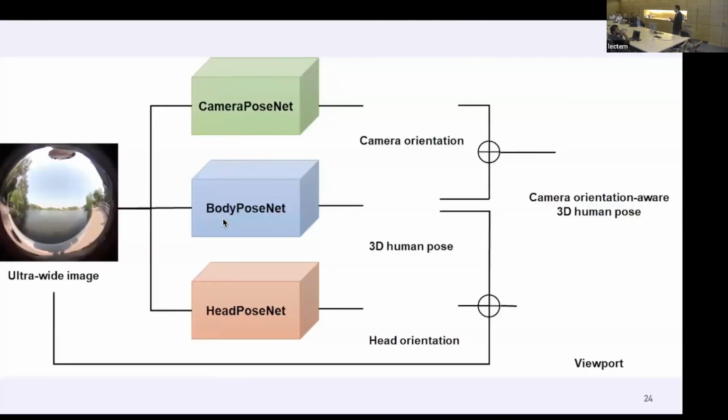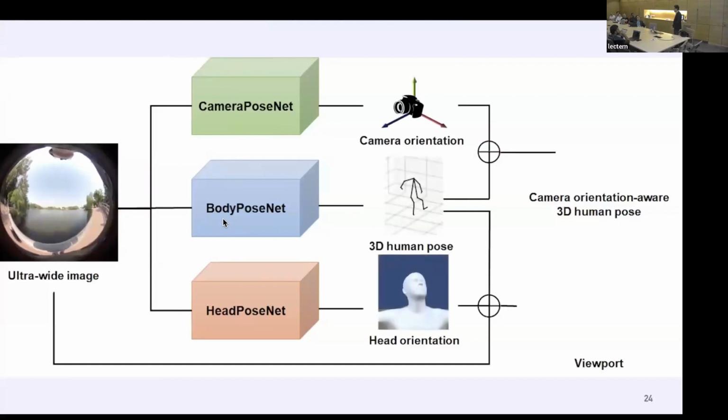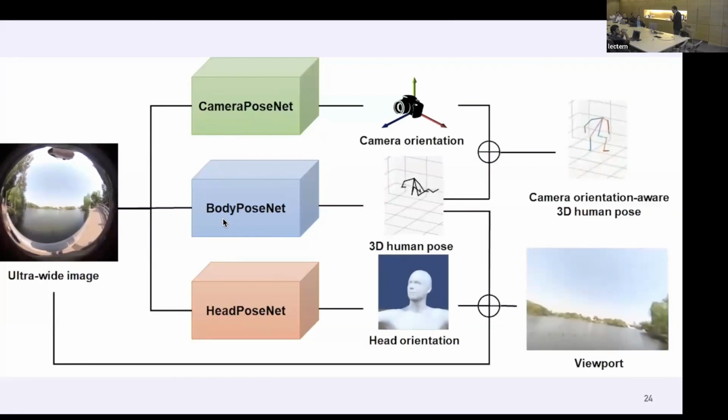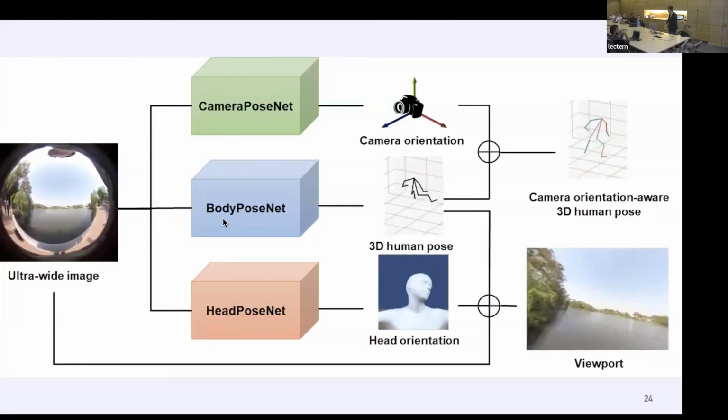We realize a multimodal motion capture which includes 3D body pose, head pose, and camera pose using multiple lightweight deep neural networks that consist of CameraPoseNet, BodyPoseNet, and HeadPoseNet. Combining the outputs of the deep neural networks, our system can capture the camera pose-aware 3D human pose and the viewport of the user without any additional sensors.